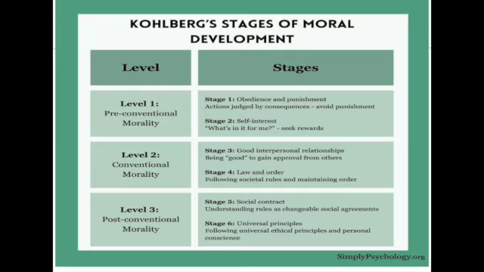In stage 3, good interpersonal relationships, being good to gain approval from others. Stage 4 is law and order, so following the social rules. And then level 3 is post-conventional morality. In stage 5, we have social contract. And in stage 6, we have universal principles.